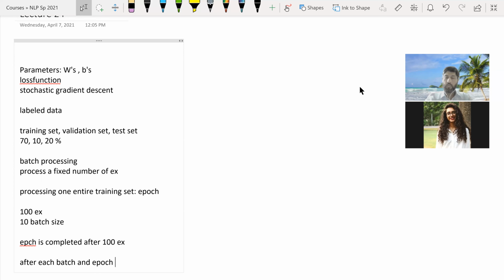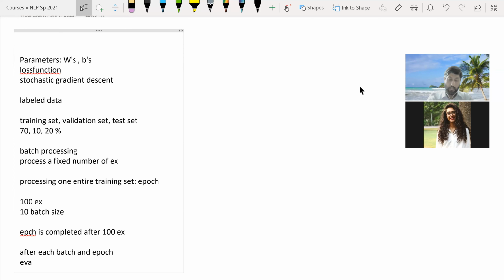After epoch, you actually do this. You basically evaluate on the validation set. Okay? Meaning that the model that has been trained on the training set is also tested on the validation set.